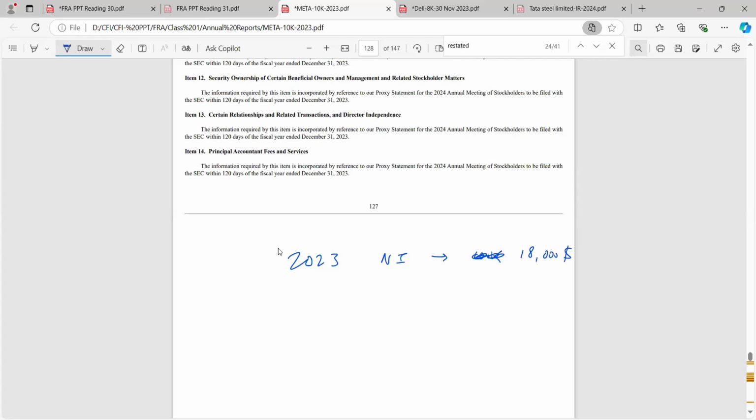Now, after doing this prior period adjustment in the year 2024, again we are presenting the reports for 2023 restated. So now our net income versus $18,000 is standing somewhere at $14,000. This is how we would be reporting our restated earnings for the same year in a different year.